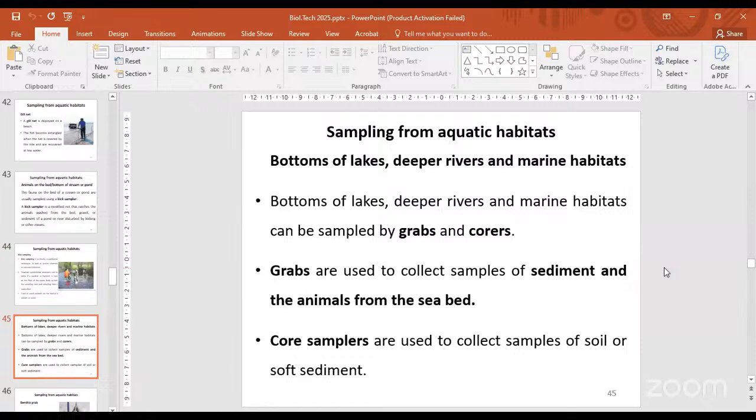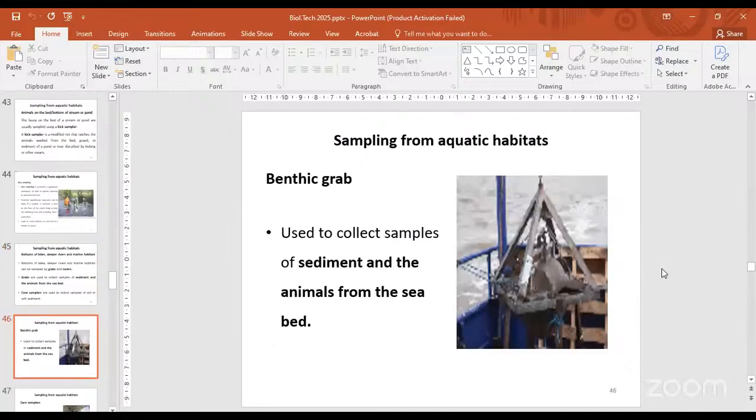To sample from the bottom of a deep lake or from marine habitat, we can use the grab or the core. These are more powerful. For instance, this is a benthic grab. It's made of iron.